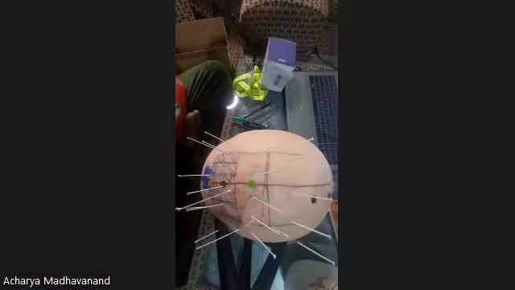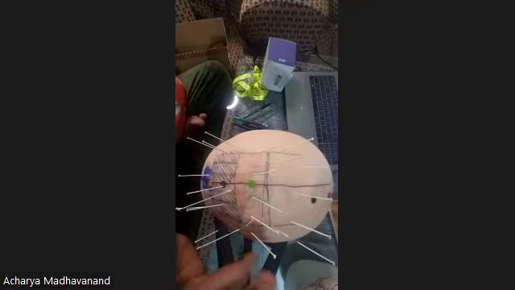My question here: posteriorly, how many needles, and anteriorly, how many needles? It depends on the areas.